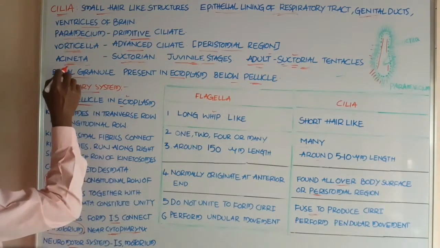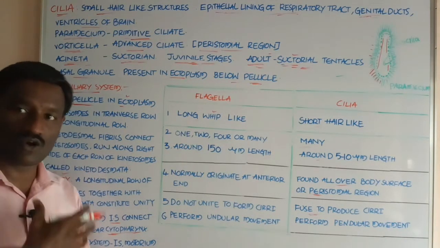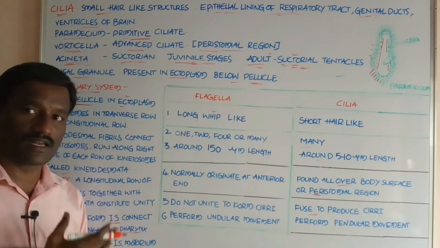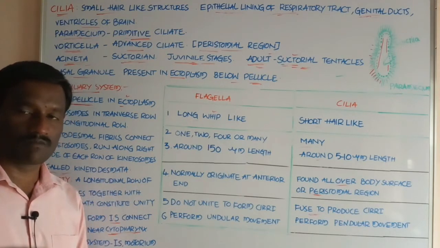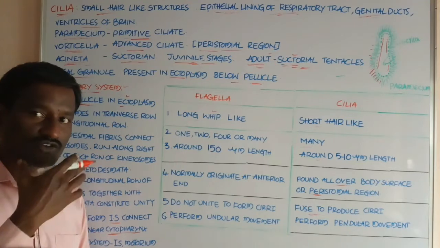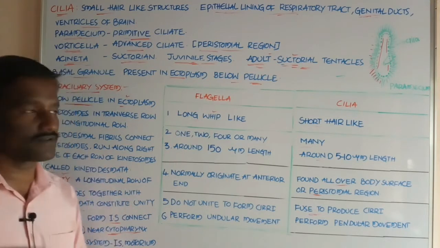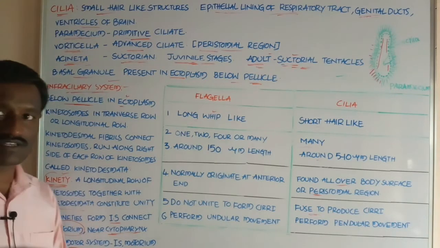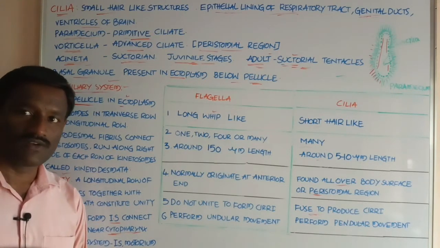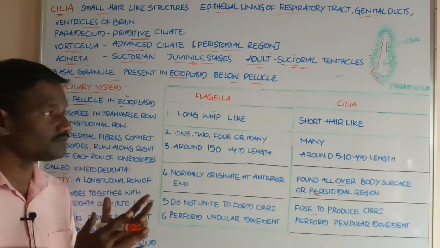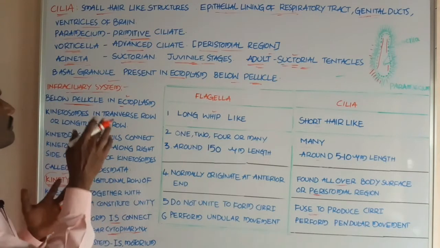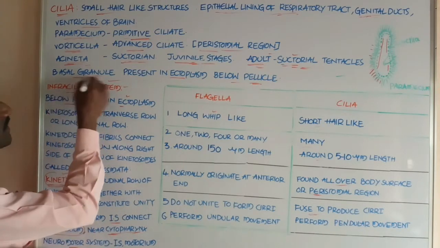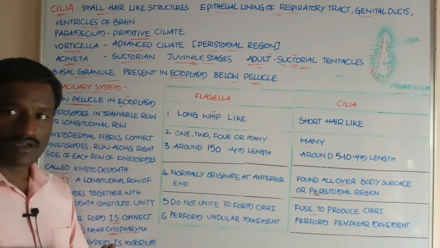And what is the use of cilia? They are locomotor structures and help in food absorption. Next, they also act as sensory structures. Now, the infraciliary system. Before this, basal granules, do you know basal granules?